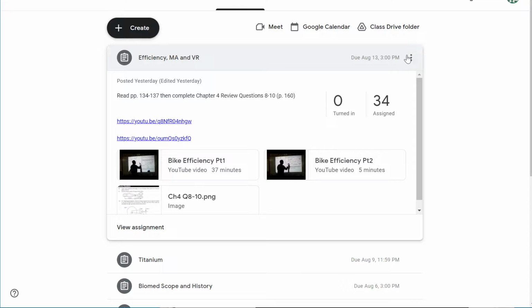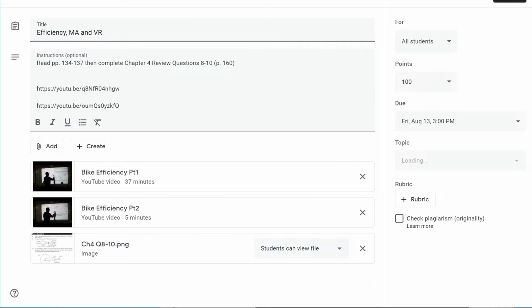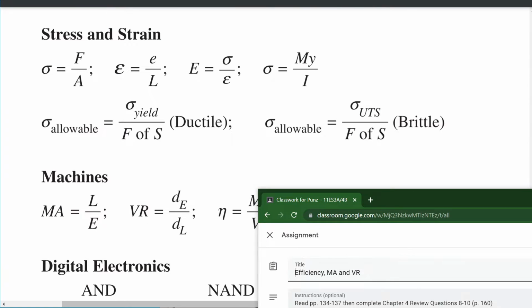Zero. Perfect, which means I can adjust it. I've already said you had to read it and answer the chapter review questions. I might just say I'll create... no. You know what?